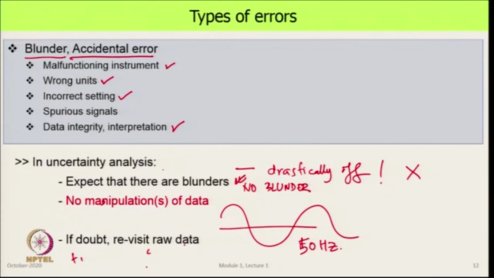That is one assumption. A second assumption that we make, and this is very important, is that there has been no manipulation of data. That means we did no cooking of data. We have been honest.